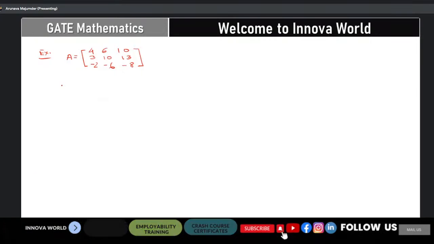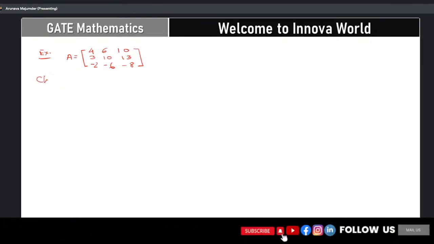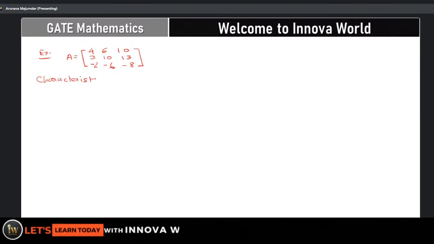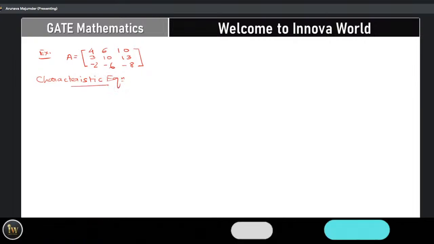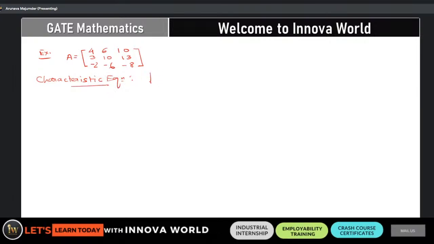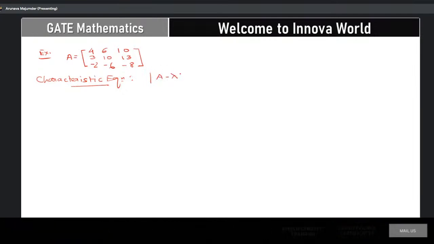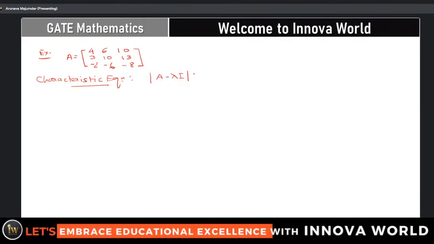So A minus lambda I determinant. The characteristic equation is determinant of A minus lambda I equal to 0, right?